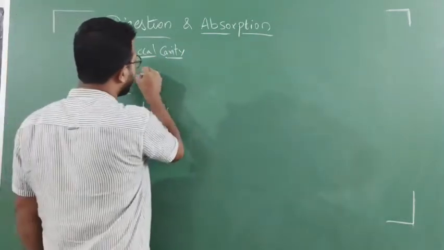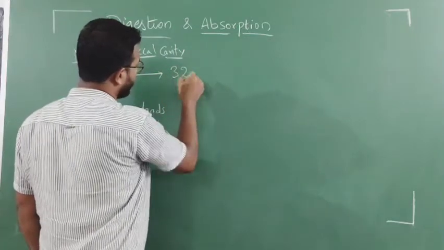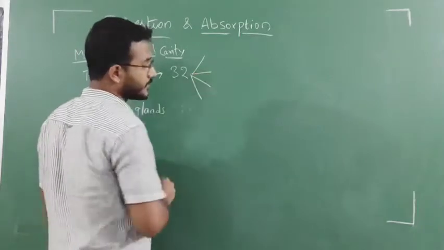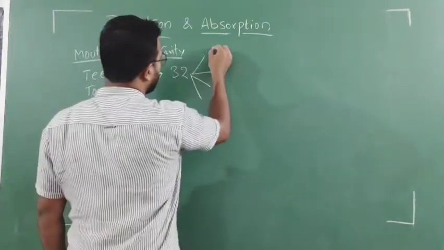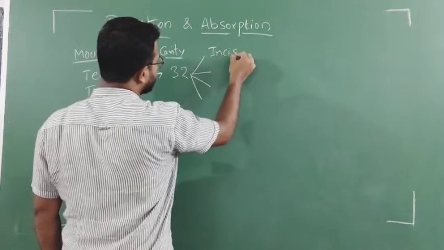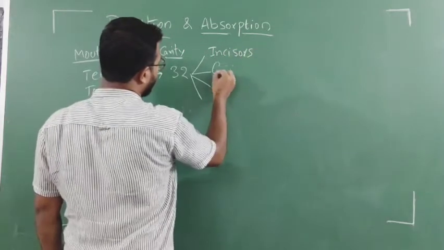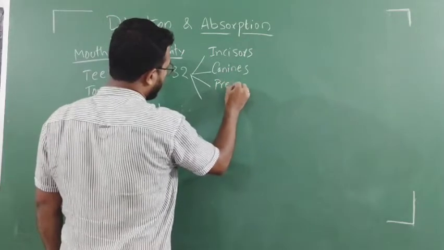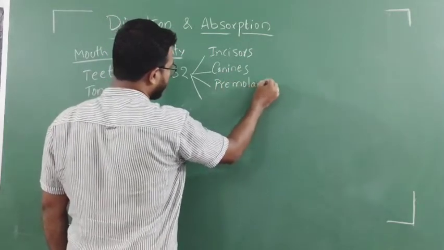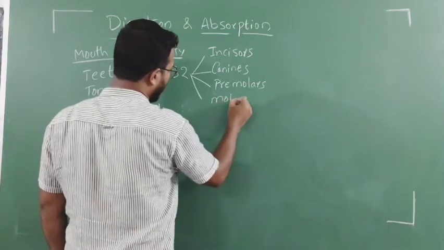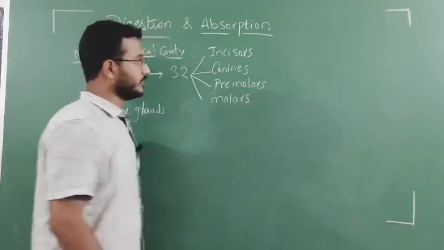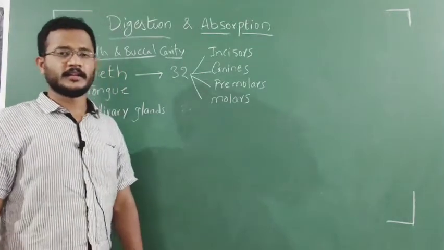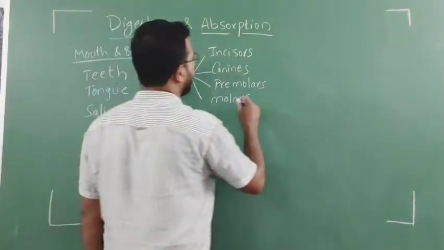How many teeth are present? 32. And how many types are there? Four types. What are those? Incisors, canines, premolars, and molars. These are the four different types of teeth present in the buccal cavity.